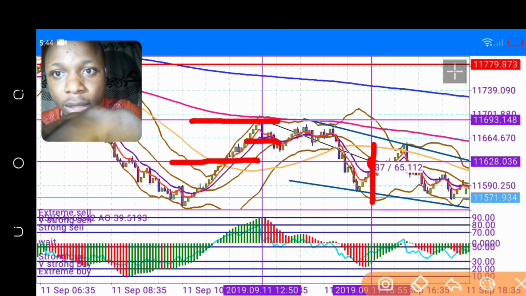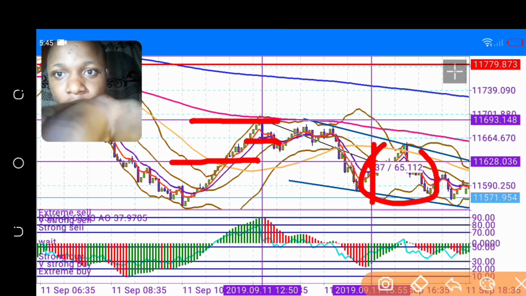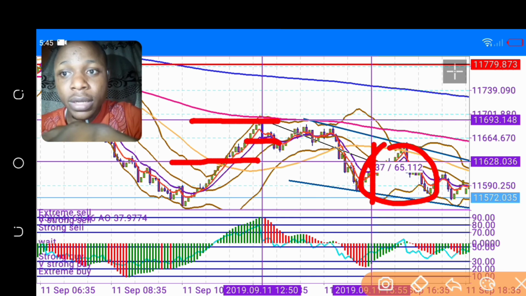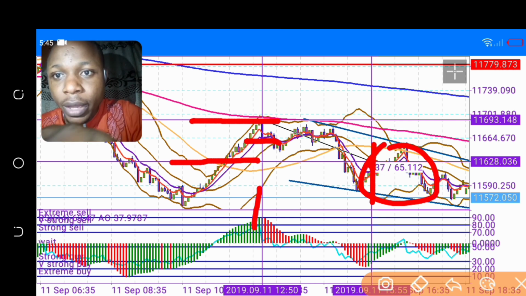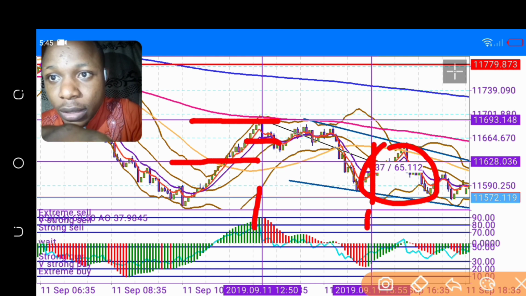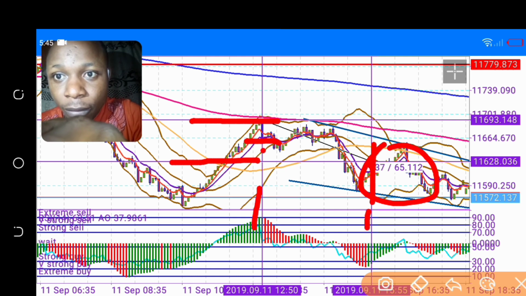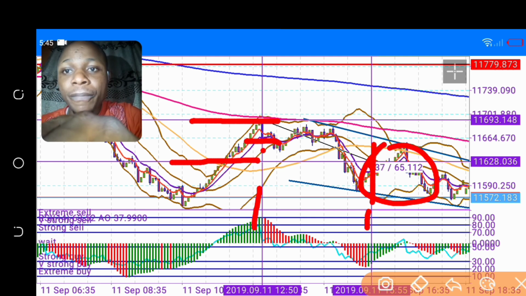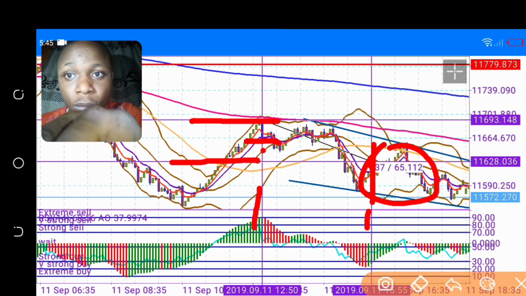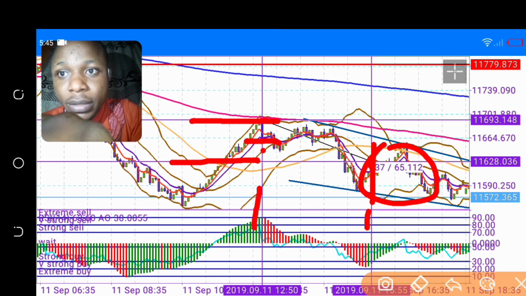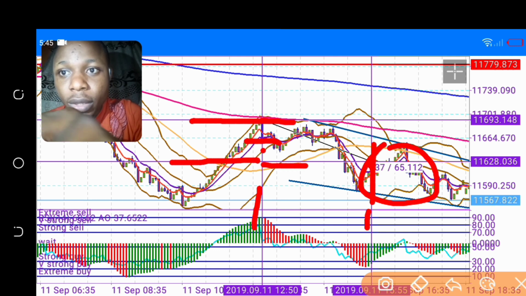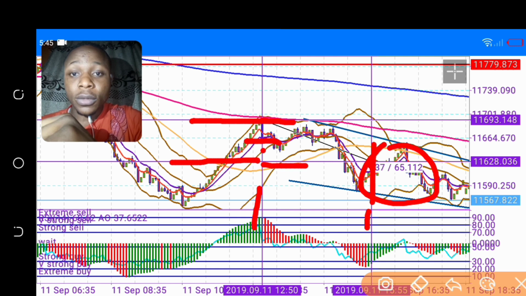Then you can see there are two numbers over here. This first number, this 37, is the number of candles from here to here. If we count these candles, 1 2 3 4 5 6 7, it will give us the sum of 37 candles. But this 65.112 is the pips from here to here. Hope you understand.